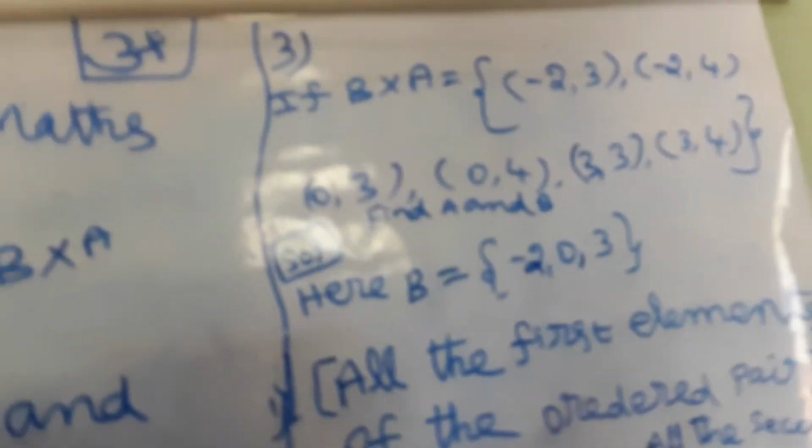Next question. This is the completion of the second question. We have computed A cross B and B cross A. We shall move to the next question.